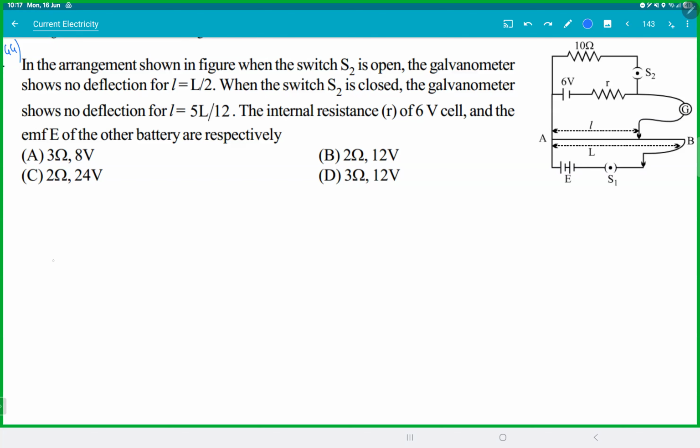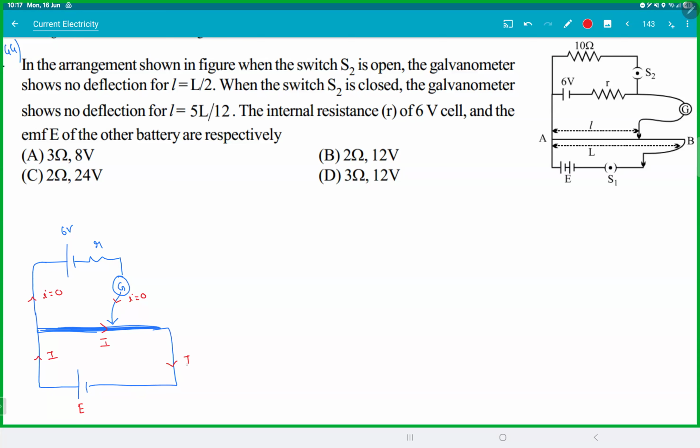So when the switch is open, current is 0. This current is 0. So whatever flows here will flow here only.